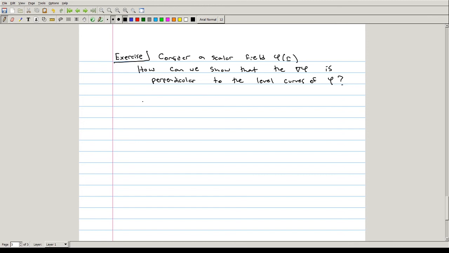And the main idea here is that in 2D, a level curve of a scalar function phi is equal to some constant d, and any level curve can be parameterized as r of s, say, is equal to x of s and y of s.